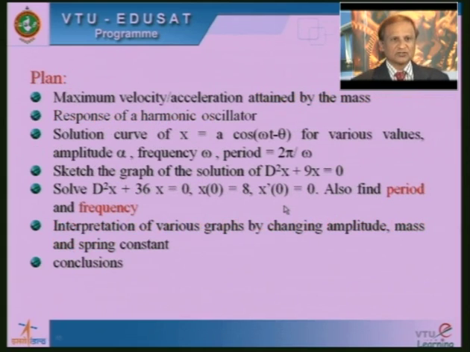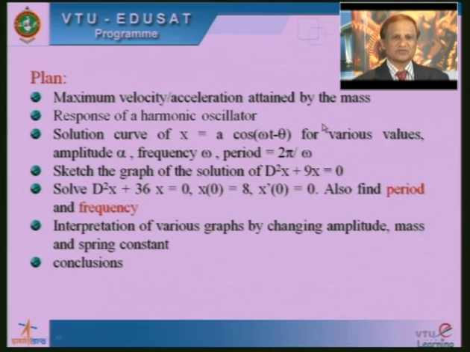So far we have discussed all these things. Yesterday I solved one second order differential equation and gave the solution curve. Today in this session I am planning to calculate the maximum velocity and acceleration attained by the mass.